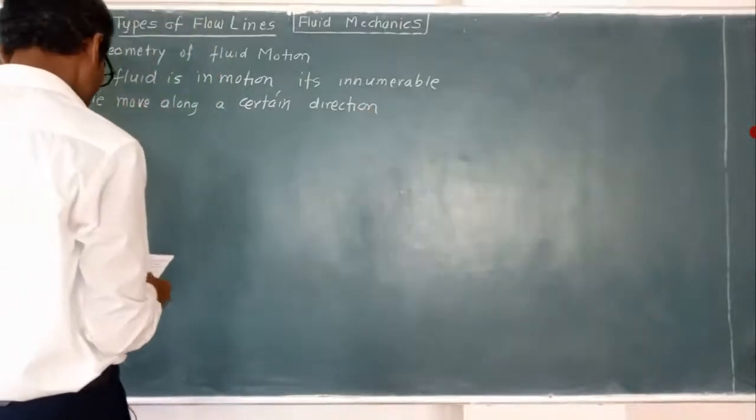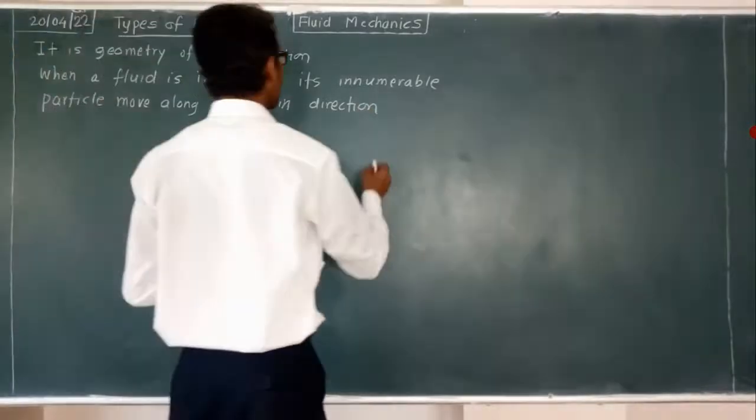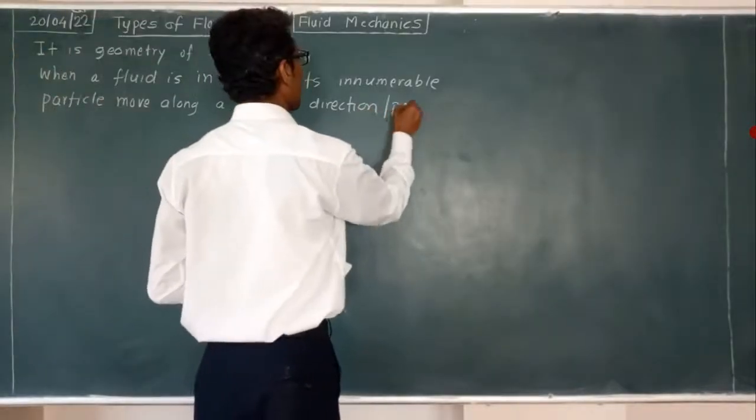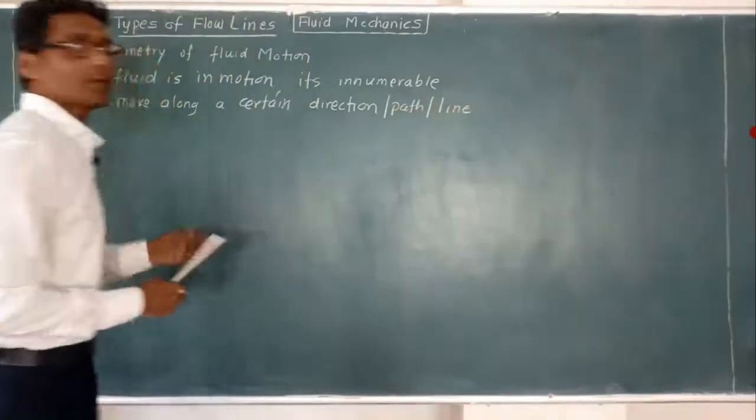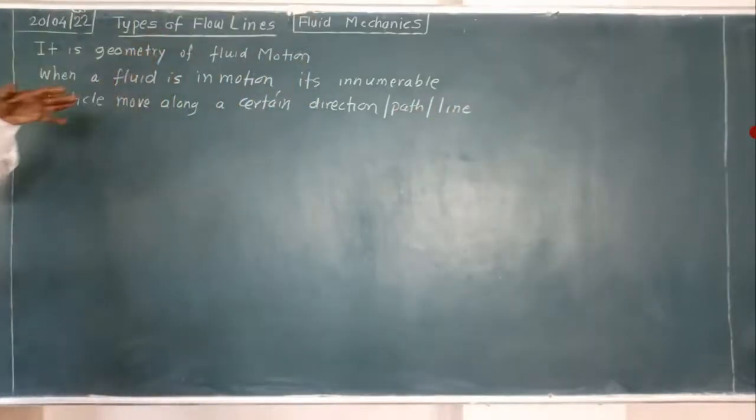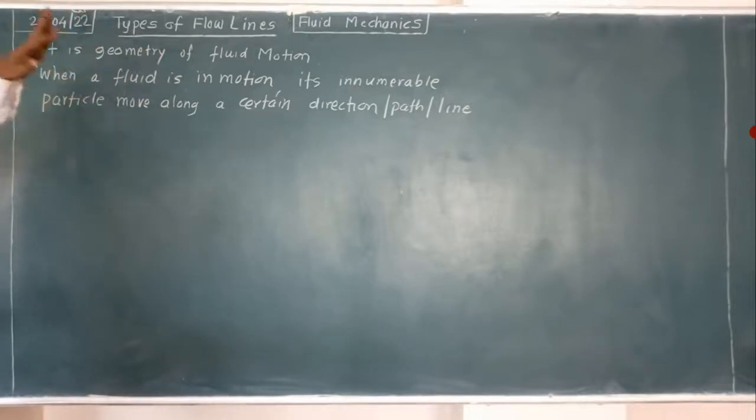Innumerable means an infinite number of particles; a fluid consists of millions, n number of particles. They move along a certain path or line or direction. When the fluid is flowing, it takes some path.